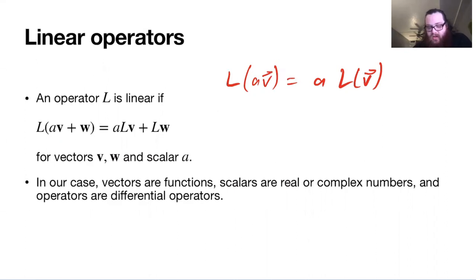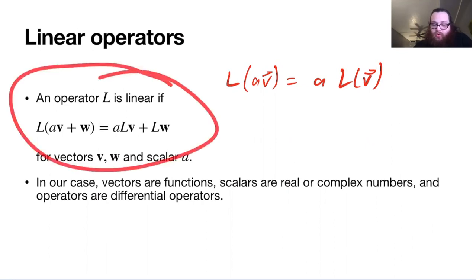Implicit in a lot of what's written here is that V and W are vectors, and L is something so that if you plug in a vector, you get out another vector. So this is a vector, and we're applying L to it. On this other side, L applied to V is some vector, and then we're scaling it by A. The vectors and linear operators you're probably familiar with are vectors of numbers, and the linear operators are generally matrices, but this definition and this whole framework works in general.